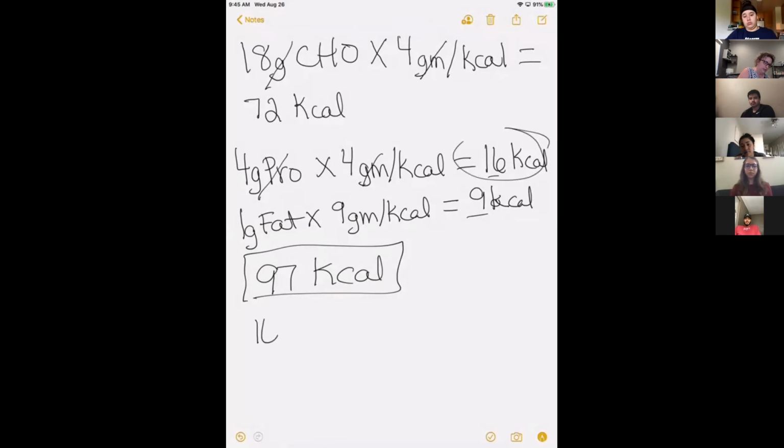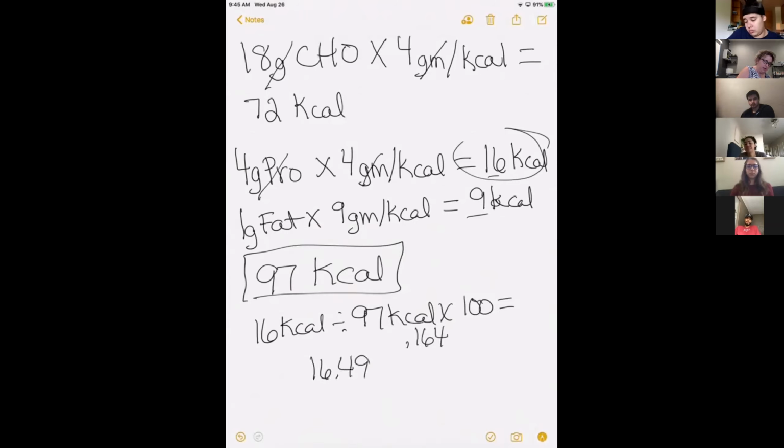We're going to take the 16 kcals and divide it by the total kcals, which was 97 kcals, and then multiply by 100 to get it into a percentage. So 16 divided by 97 is 0.164, and then times 100 gives me 16.49, which is just under rounding up rules, right? So we're going to say 16%.